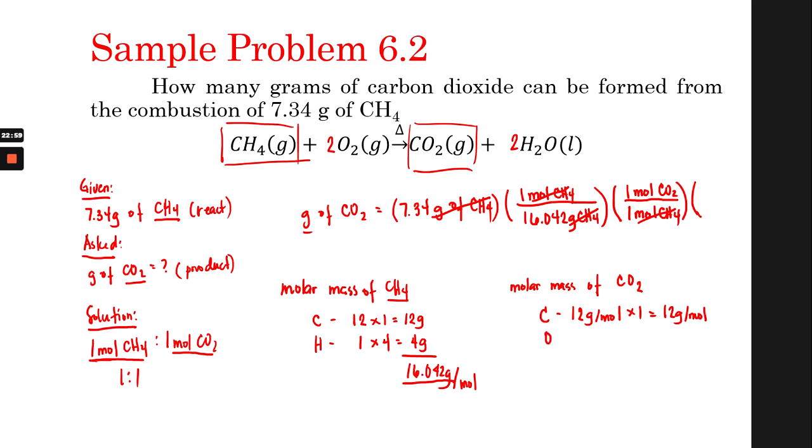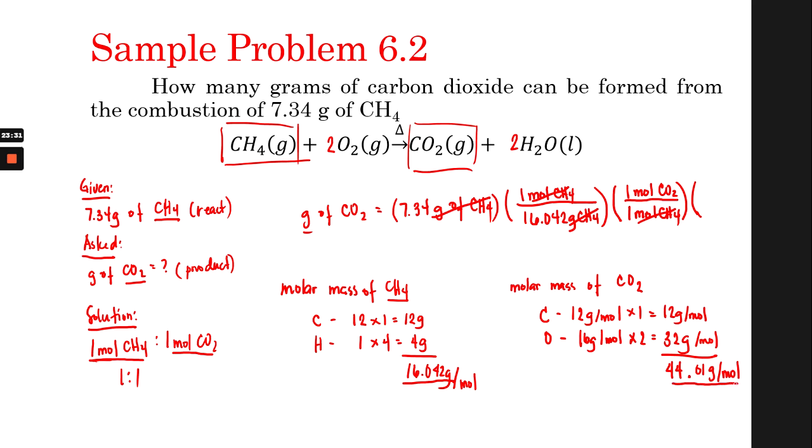And oxygen is about 16 grams per mole. Since we have 2, that's 16 times 2, about 32 grams per mole. So 12 grams per mole plus 32 grams per mole is about 44 grams per mole. And more specifically, that is about 44.01 grams per mole.